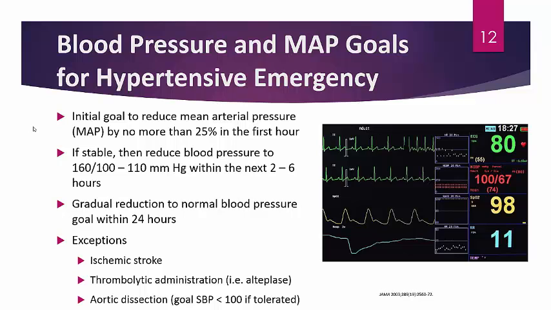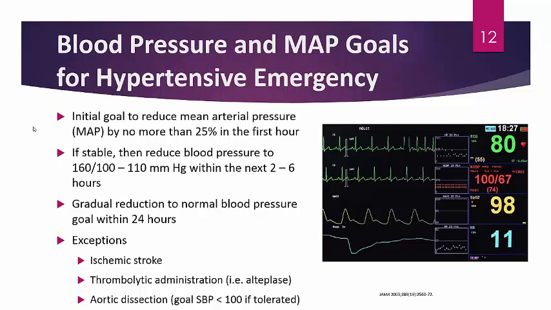And then you may want to see a gradual reduction to blood pressure goal within 24 hours, and that can even go more commonly to 48 hours. So anywhere between 24 to 48 hours is probably reasonable for a blood pressure reduction goal.